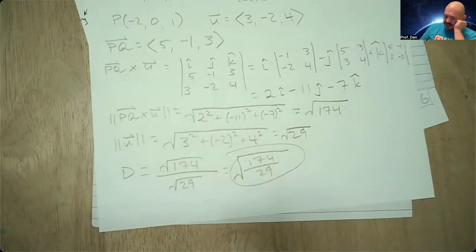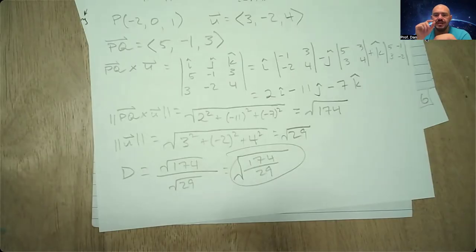Other than that, we looked at the distance between any two entities in three-dimensional space. Remember, to find the distance between a point and a plane, use the projection, right? So basically the projection of PQ, which connects any point on the plane to the point in question, onto the vector that's normal to the plane.